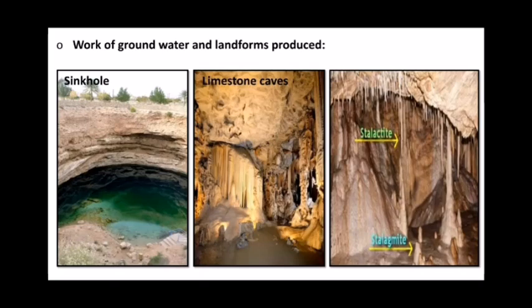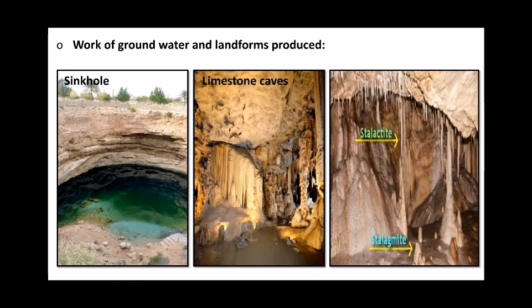Next we have the stalactite and stalagmite. So children, stalactites are the upper ones. When the rainwater from the earth surface penetrates into the ground and comes down drop by drop, there are certain minerals present in the water. They do not fall off, they form there like crystals.